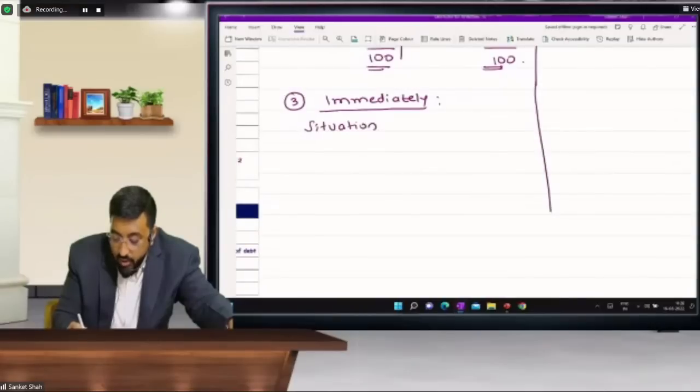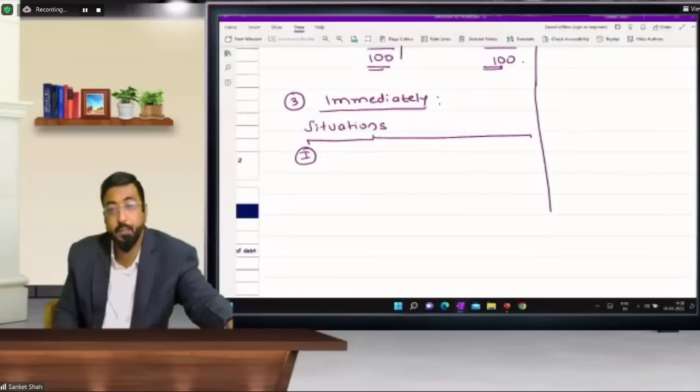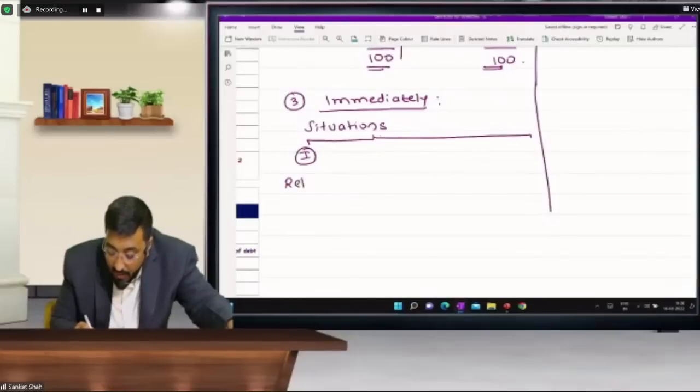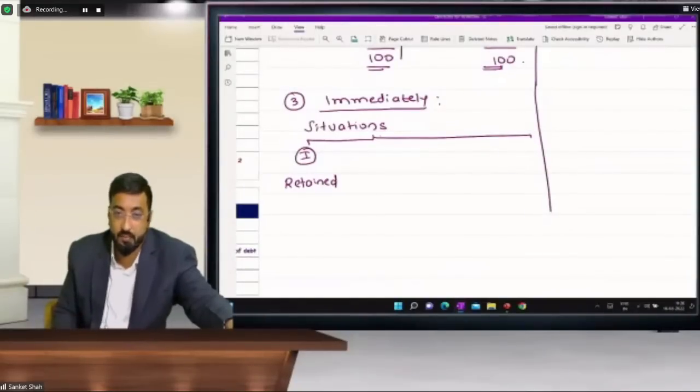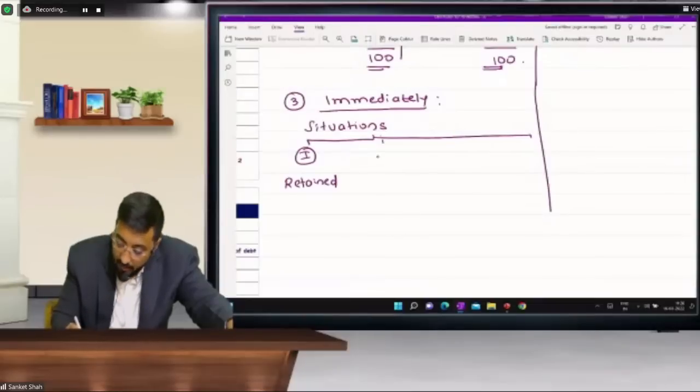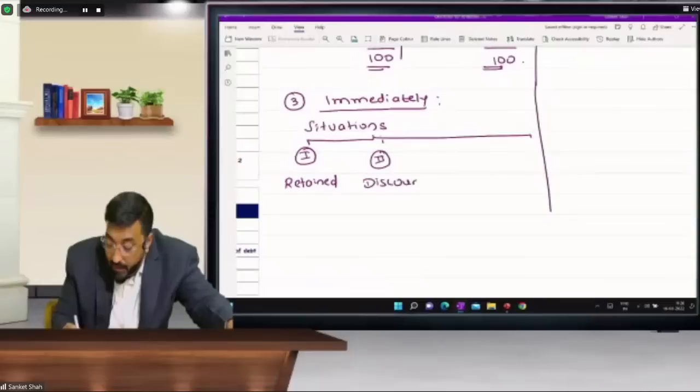How many situations? 4. Number 1, Y retained that bill. So first situation, Y retained that bill. Number 2, Y discounted that bill.